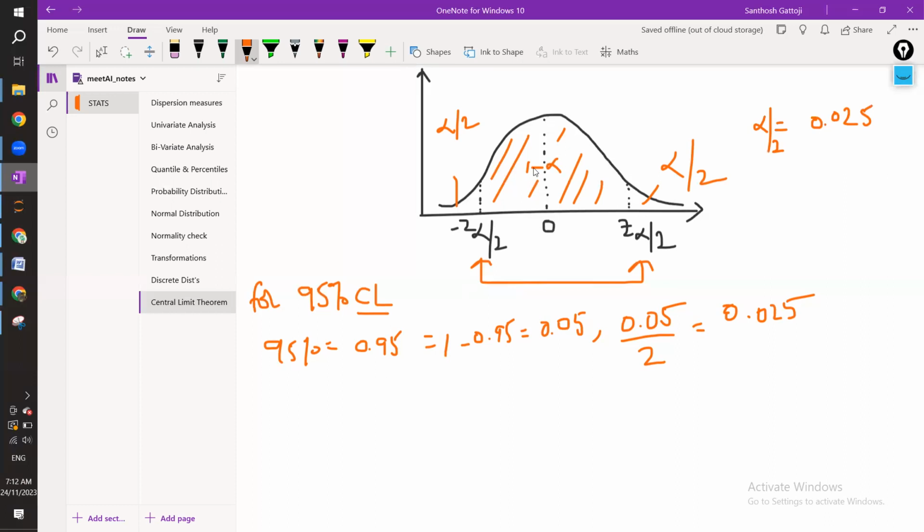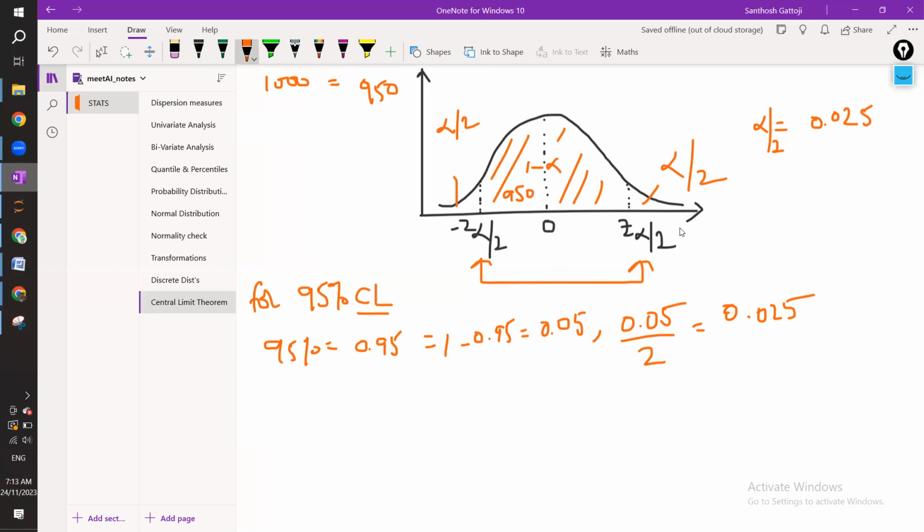If you take the total as 1000, then 1 minus alpha, which itself is the confidence level of 95%, is 950. So this is 950. What will be the remaining part? The remaining part will be 50.